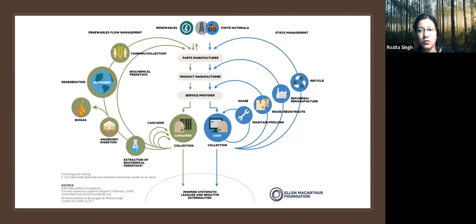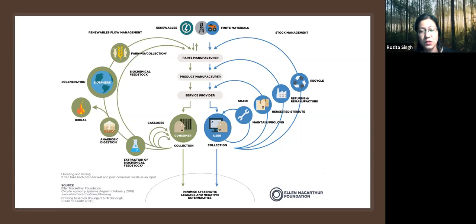On the right side is the technical materials. These are materials like metals, plastics, and synthetic chemicals. These must continuously cycle through the system so that their value can be captured and recaptured, which is the essence of circular economy.